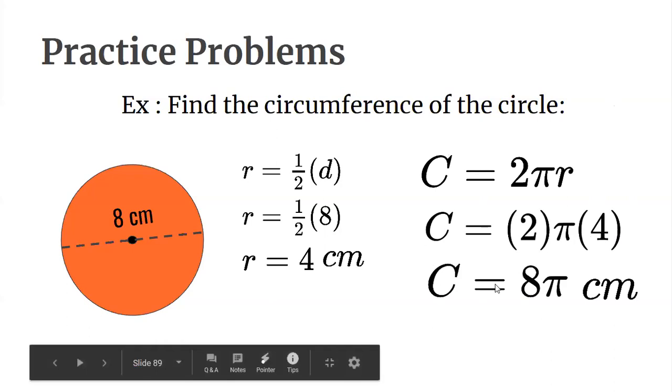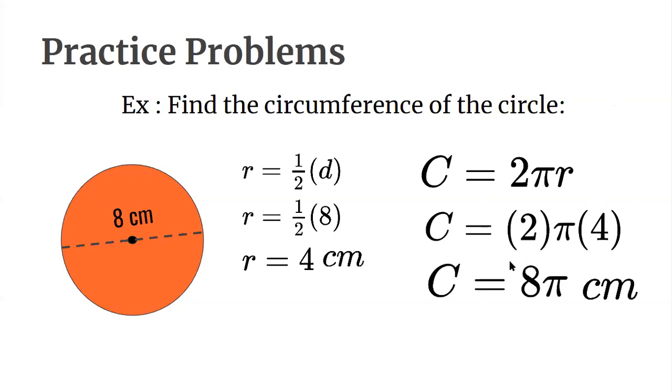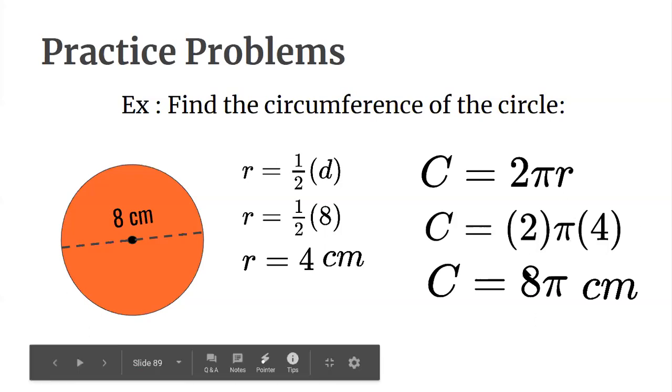If you did it in decimal form, it might be harder, but I like doing it this way because it's easier to label. So you just multiply the 4 and 2 and leave the pi as is. So we get C equals 8 pi centimeters, 8 times pi centimeters.